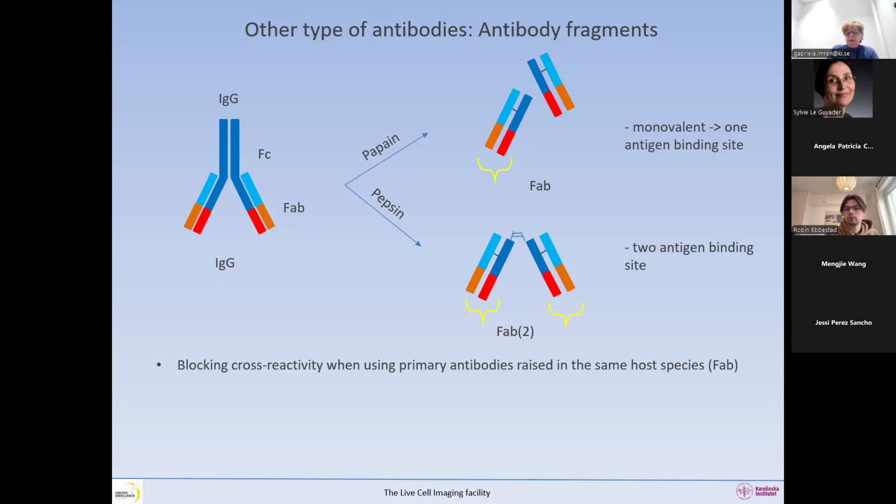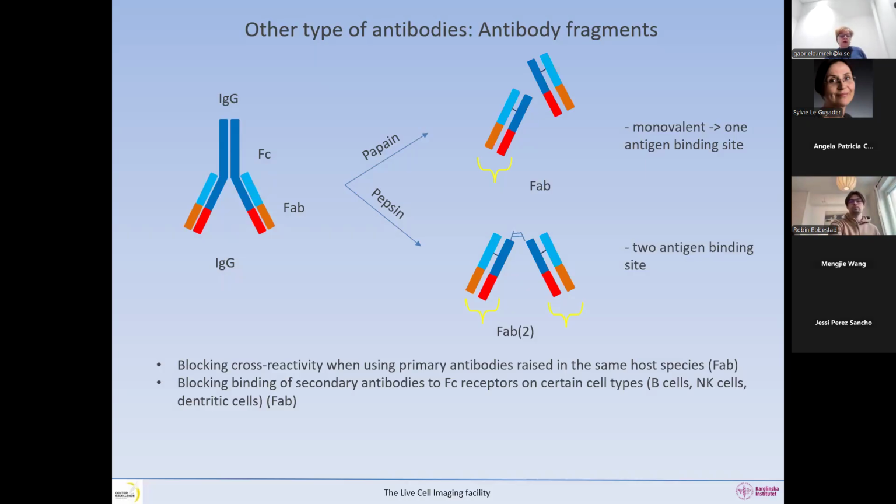What are we using these antibody fragments for? Well, they are highly used to block cross-reactivity when we are using a primary antibody raised in the same host species, or if you want to block the binding of your secondary antibody to Fc receptors of certain cell types, for example B cells or NK cells.